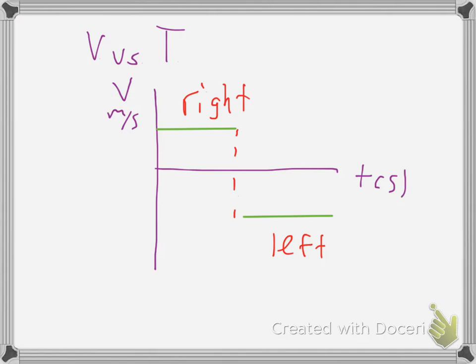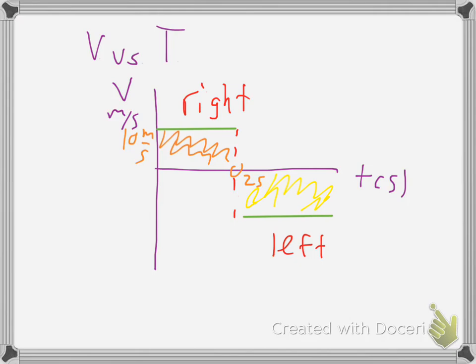Now remember, we can tell the displacement from a velocity versus time graph. What I can do is find the area under here. If I knew the speed here, let's say this is 10 meters per second, and this point happened to be 2 seconds, I could find the area under here, which would tell me how far it moved to the right, whereas this area would tell me how far it moved to the left.